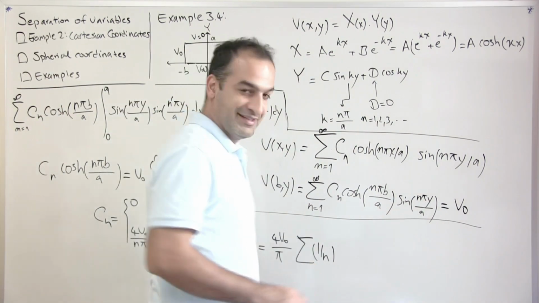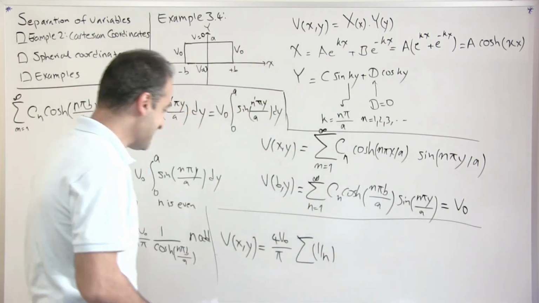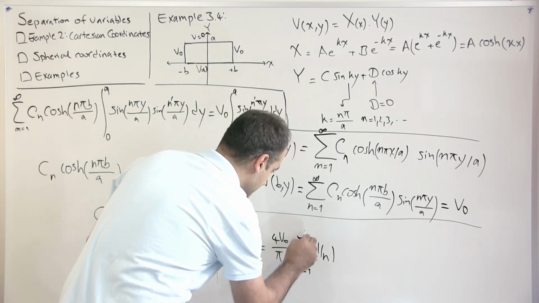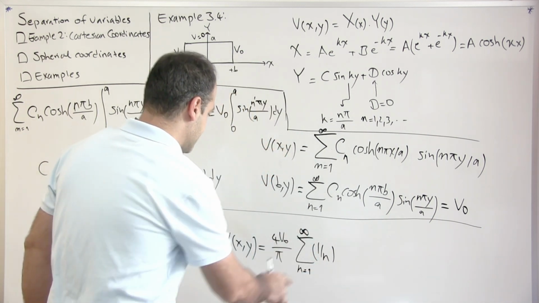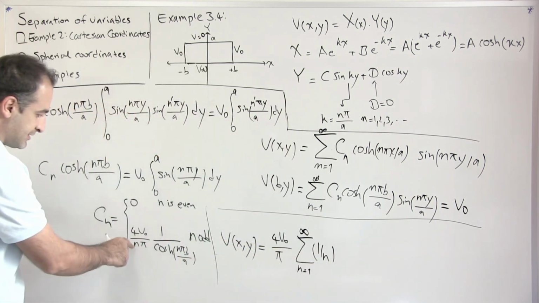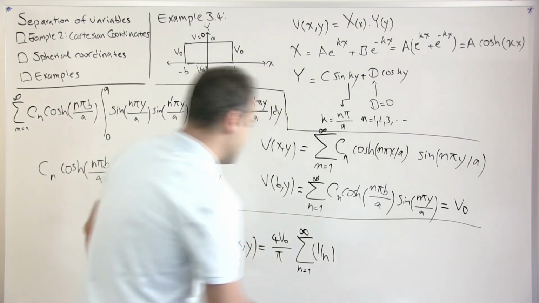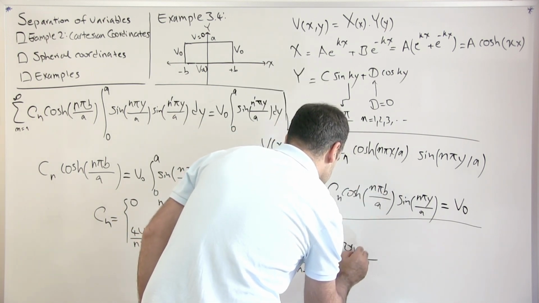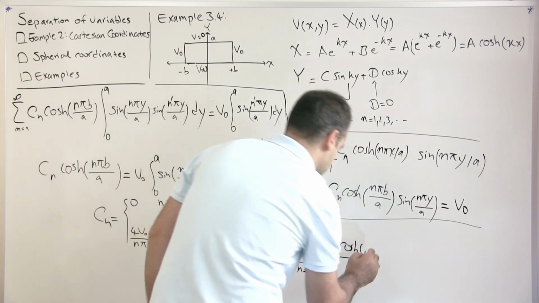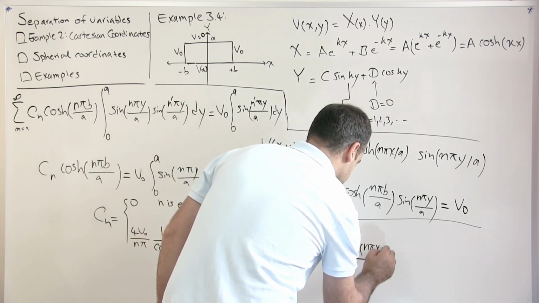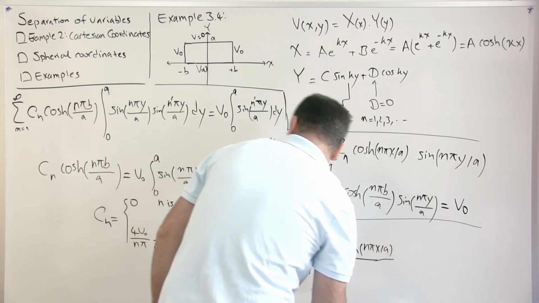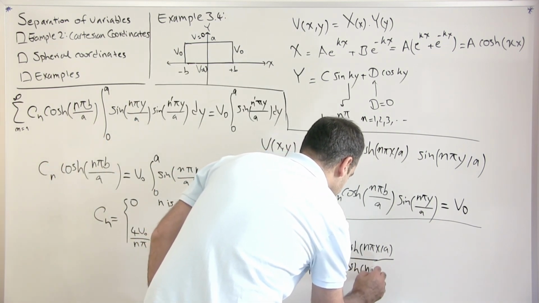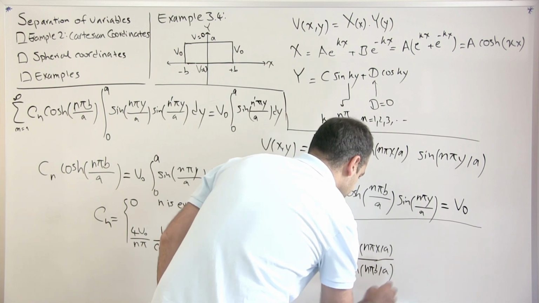Okay, sorry guys. So here in the summation, it's from n equal 1 to infinity. The 1 over n term is this, n in the denominator, and then we have cosh(n pi x over a), and in the denominator we have cosh(n pi b over a).